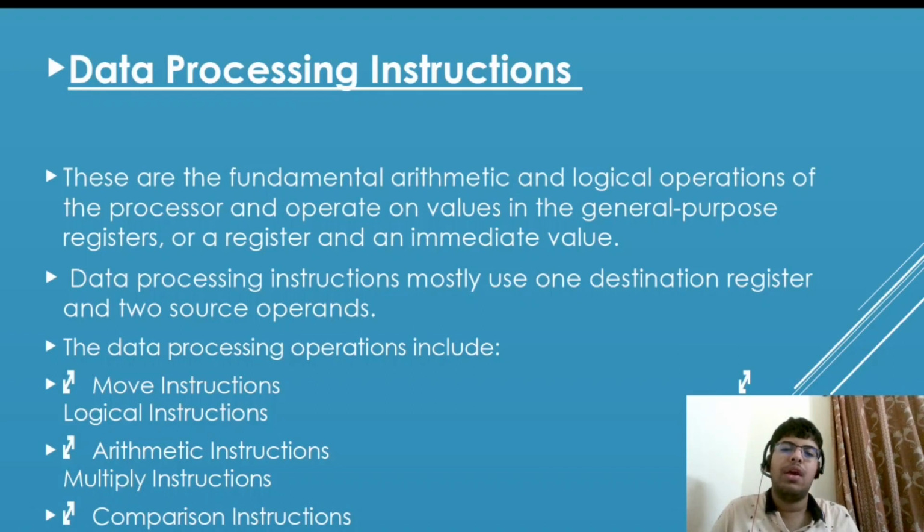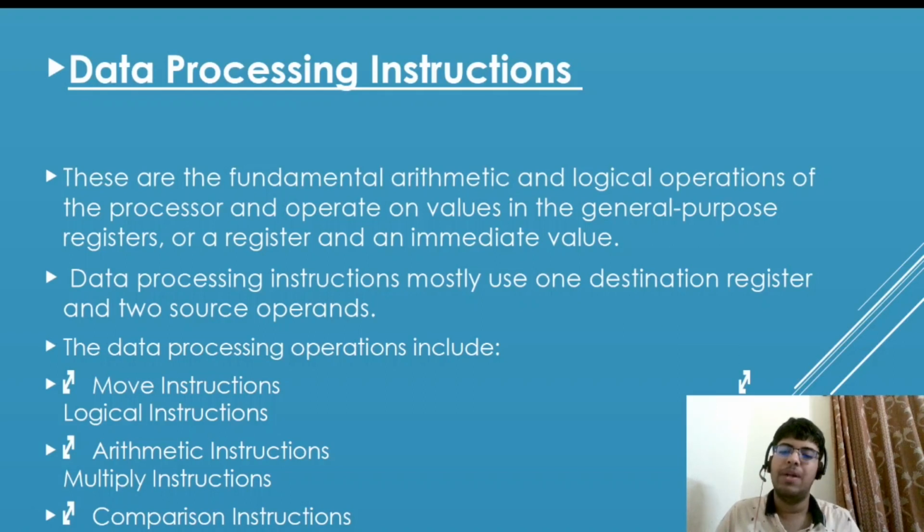It's like the addition of two numbers, C equal to A plus B, where C is the destination register and A and B are your source operands, on which you are going to perform the operation.